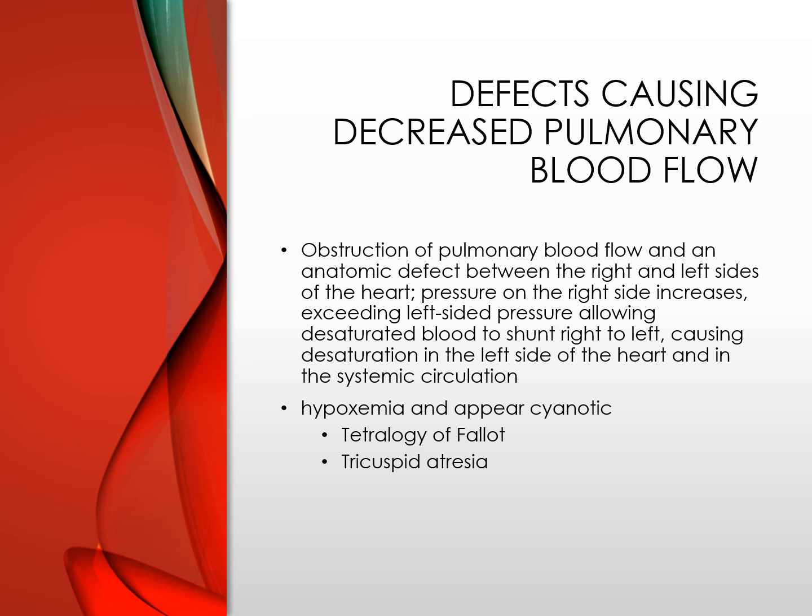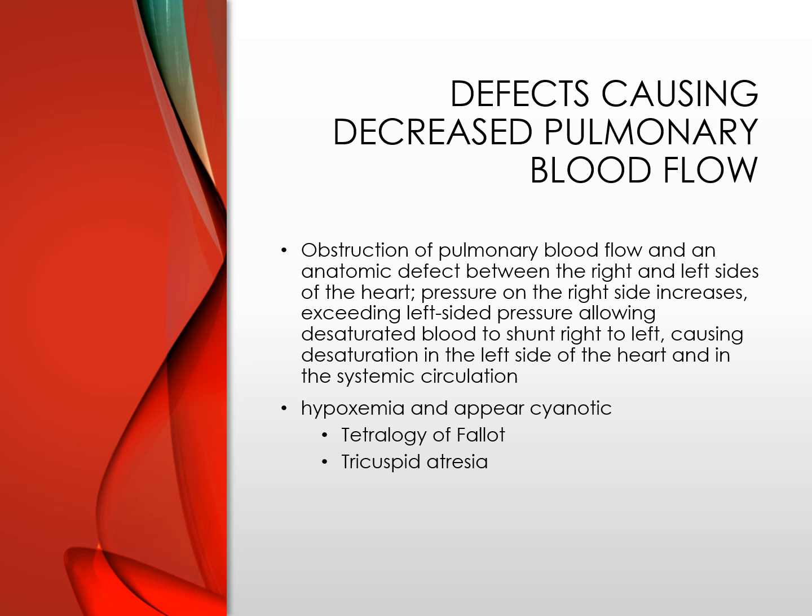So talking about decreased pulmonary blood flow, what causes it is an anatomic defect between the right and left sides of the heart, where the pressure on the right side is increased, exceeding the left pressure. So of course, if you talk about pressures and path of least resistance, the blood is going to flow from the side that has a higher pressure to the side that has the lower pressure.